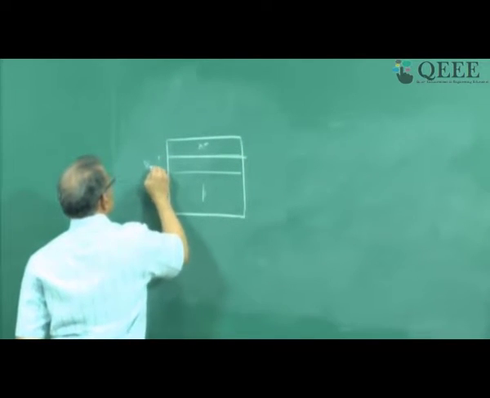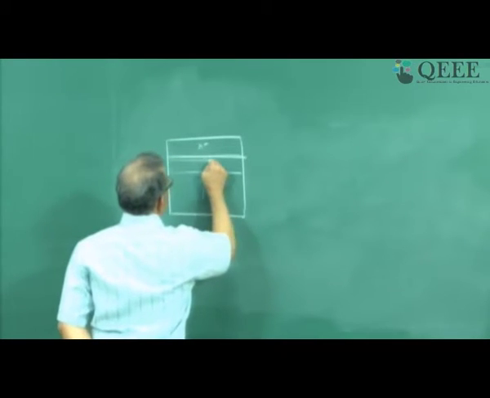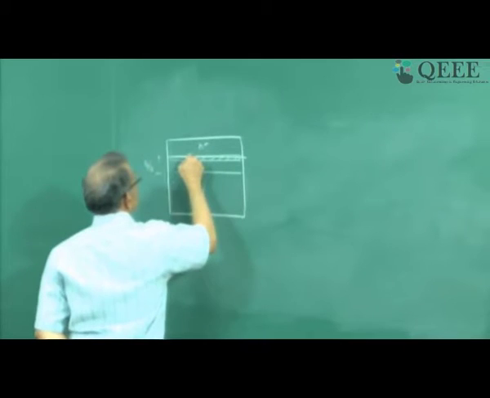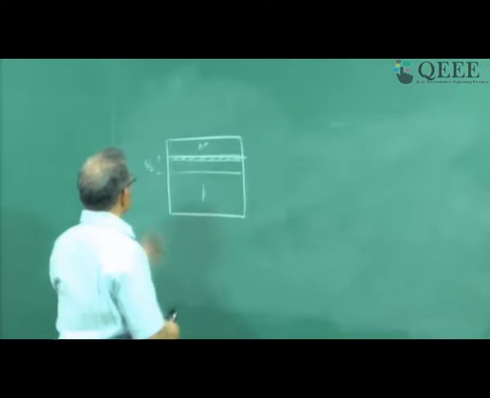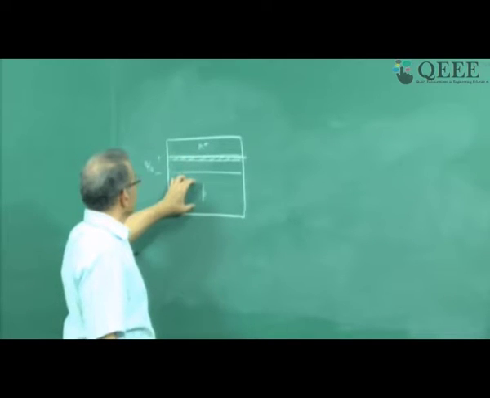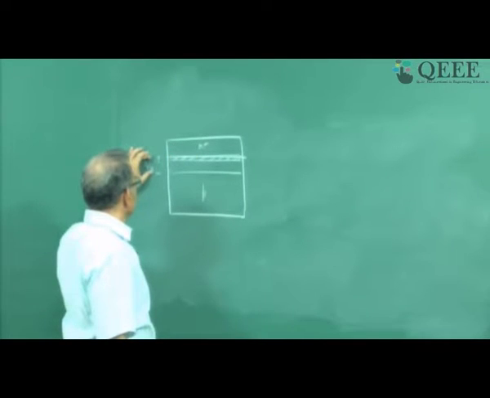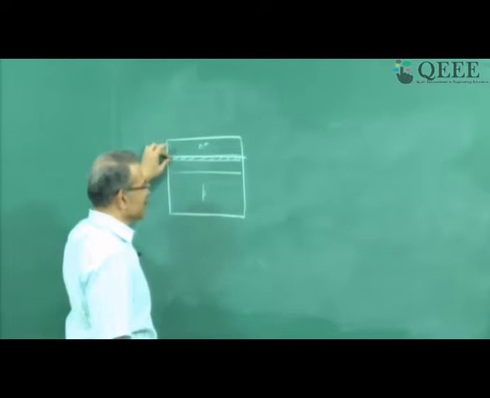This is psi naught, let us say. If you introduce an oxide like this in between, your built-in potential still has to remain the same because it only depends on doping in N plus and P. But the width of the depletion region here should decrease because the same potential now has to fall across a longer length because you introduce the oxide thickness.